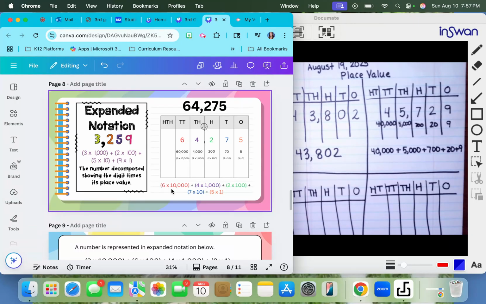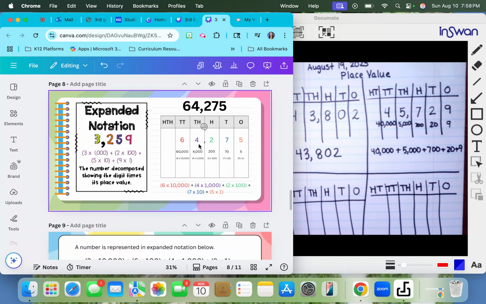Let me point you down here where it's a little bit bigger. 6 times 10,000. I know that looks really scary, big multiplication, but think of it this way. There's a 6 in the 10,000s place. See how easy that is? 6 in the 10,000s place is how you can read that.